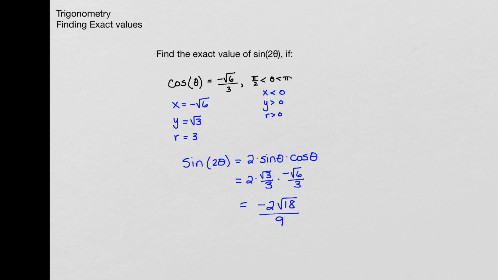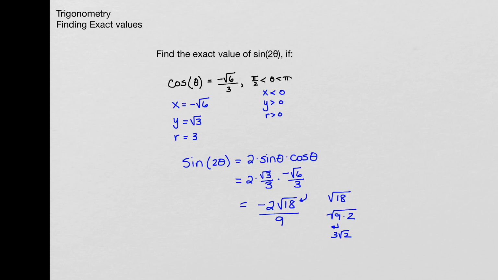Now, I have to make sure that this is simplified. Square root of 18, off to the side, I can do this. 18 is 9 times 2. 9 is a perfect square that comes out as a 3, and the 2 stays in the radical.